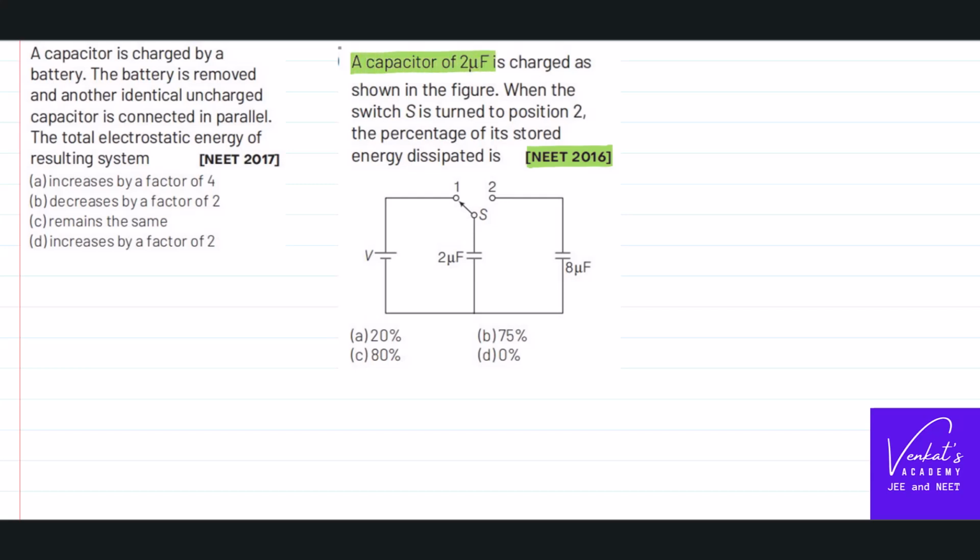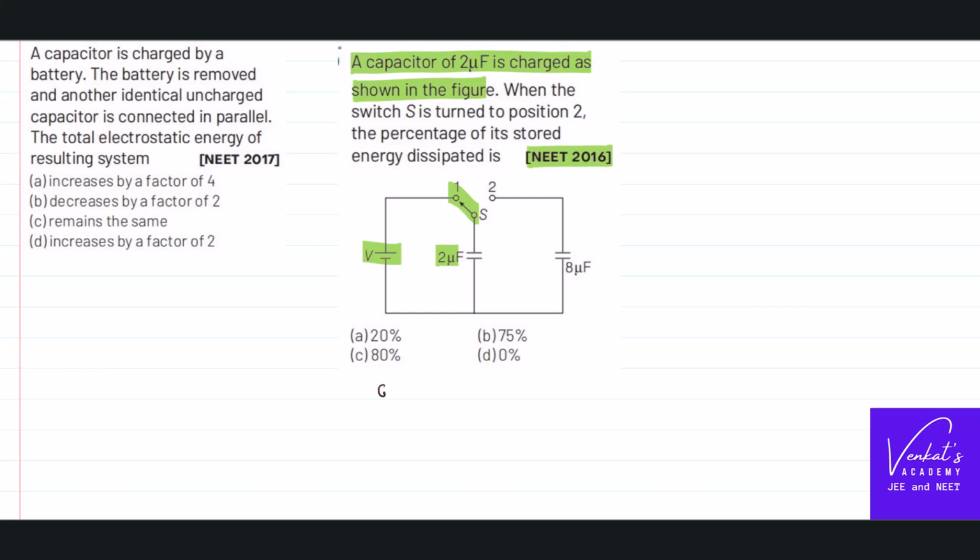A capacitor of 2 microfarad is charged, as shown in the figure, by connecting it to the circuit. What happens when it is charged? Let us calculate, this generates an energy.